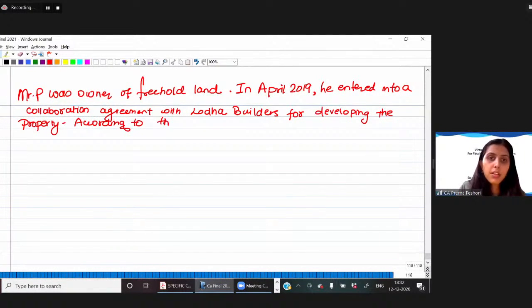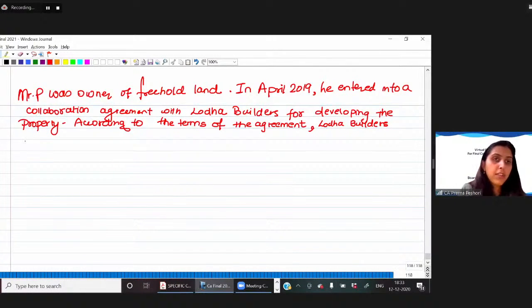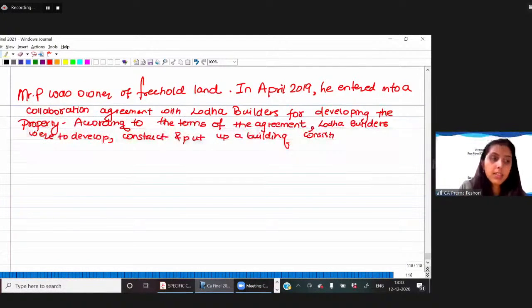According to the terms of the agreement, Lodha Builders were to develop, construct and put up a building consisting of 4 independent floors.